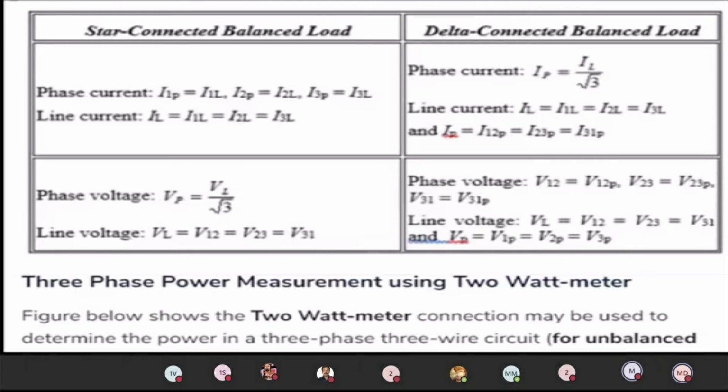In star connection, the phase current is equal to line current, but regarding the voltage, the phase voltage is equal to line voltage divided by root 3. Similarly, in delta connection, the phase voltage is equal to line voltage, but the current differs. Phase current is equal to IL by root 3.